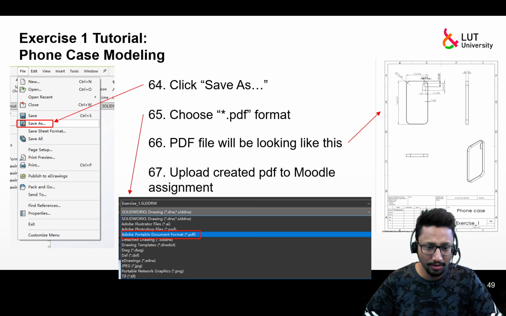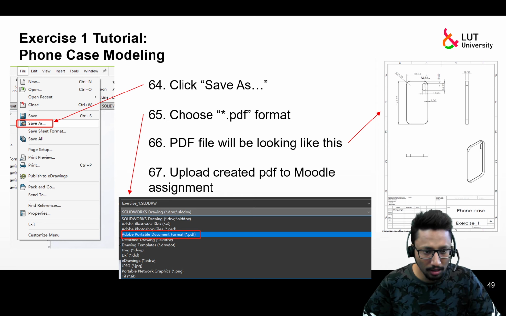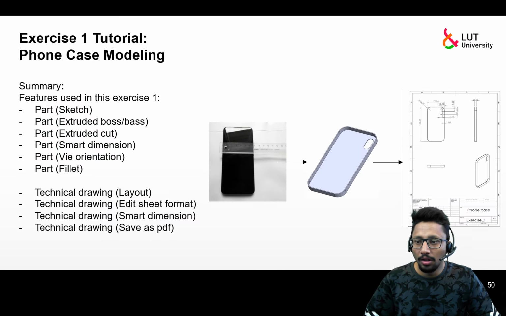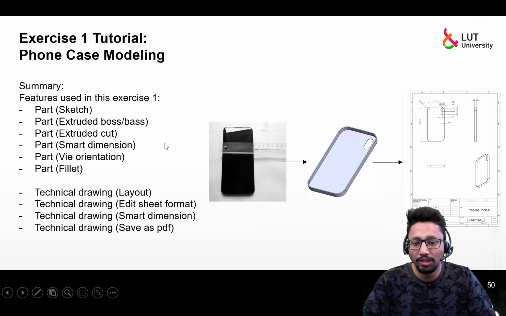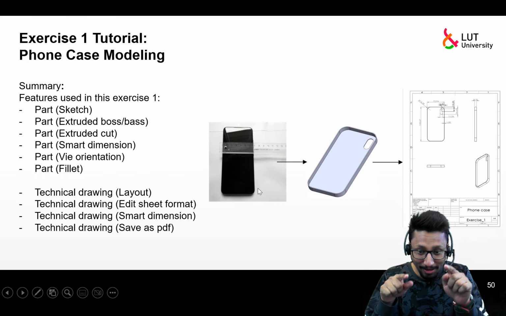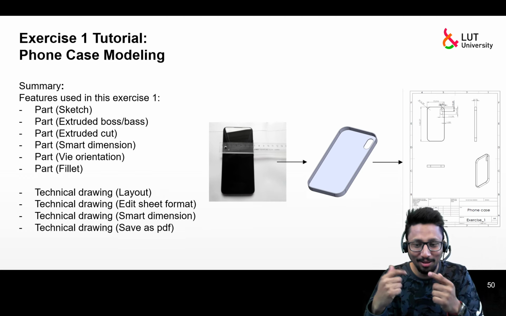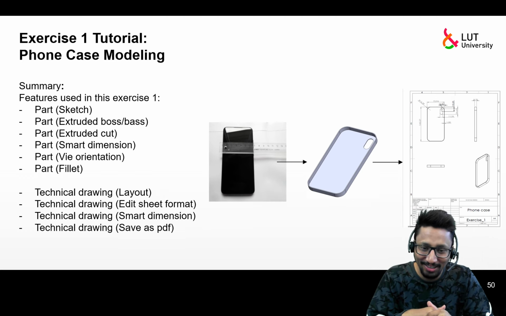Of course, I have covered this part as well, and you can see how the file looks like. So as a summary, first you measured your own phone and we took the measurements from the technical documentation.